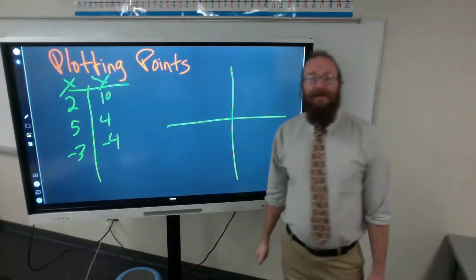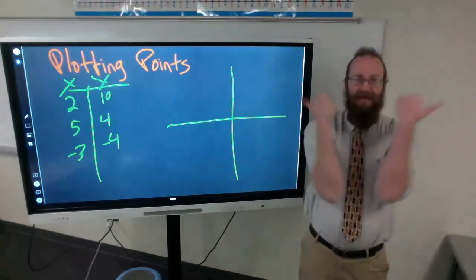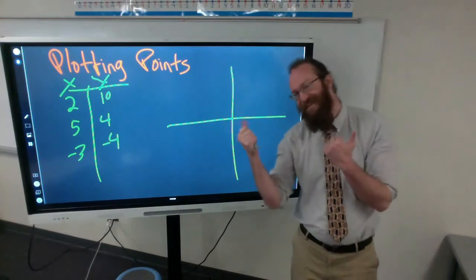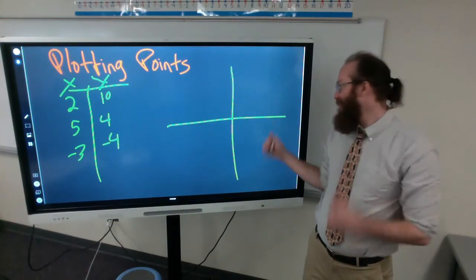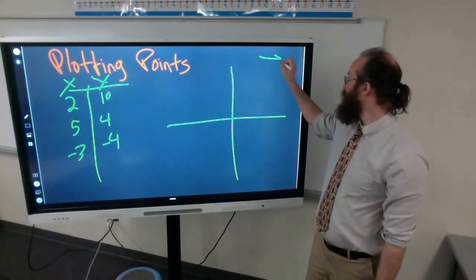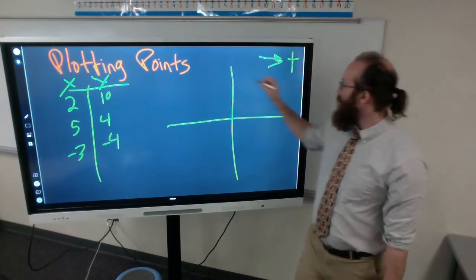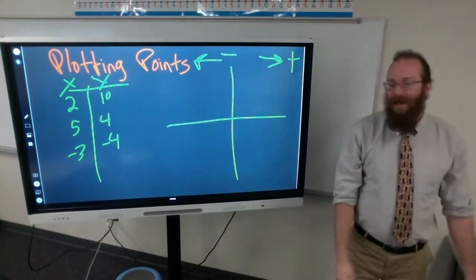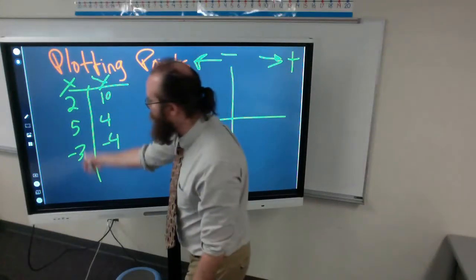Our X's are where I always like to start. That tells you which way we're going. This way is always going to be positive. And left, the other direction, is always going to be negative, okay? And that's always going to be the first value you get.